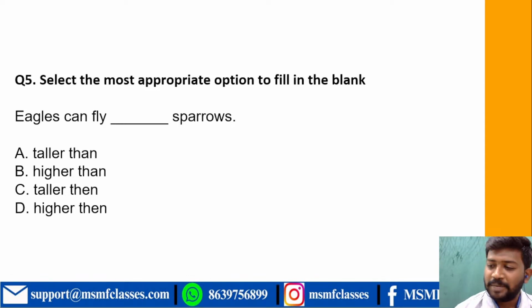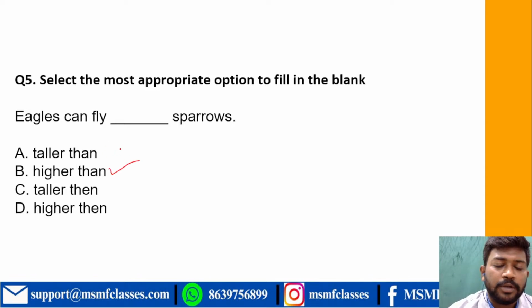Nice. So now let me give the explanation relevant to this. Renuka also has opted B. That's the correct answer. Yes, exactly. The B is the correct answer because they are speaking about how high they can fly. They are speaking about a peak point. When they are speaking about the peak points, we must use higher than.